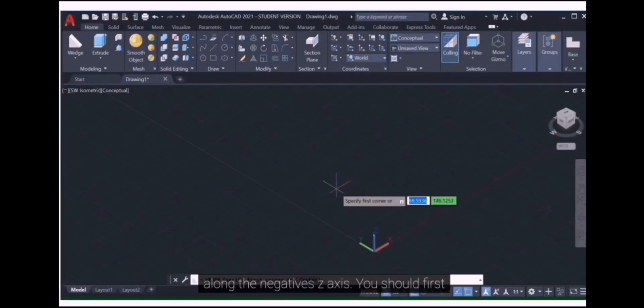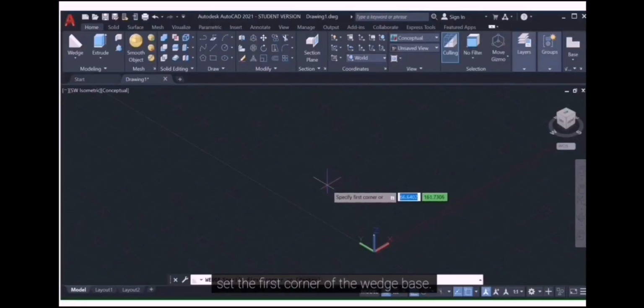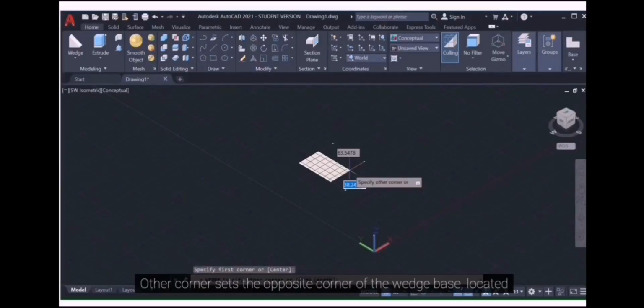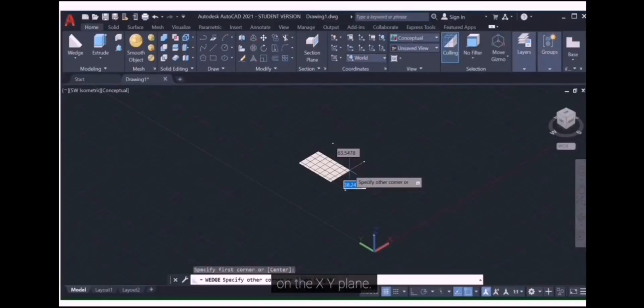You should first set the first corner of the wedge base, like drawing a rectangle. And other corner sets the opposite corner of the wedge base located on the XY plane.